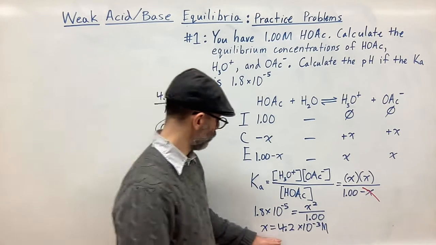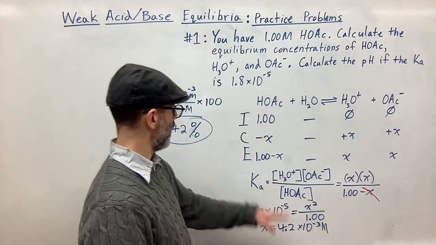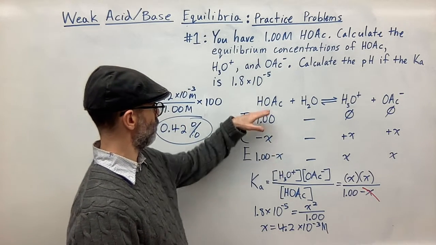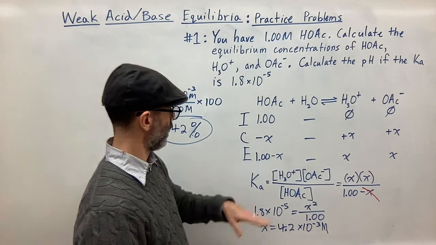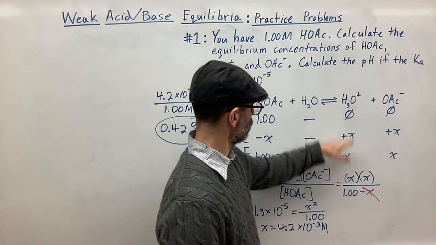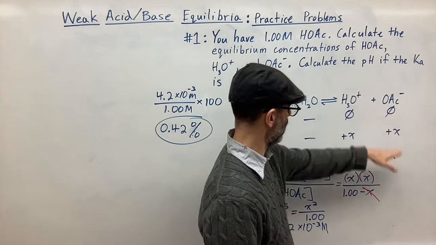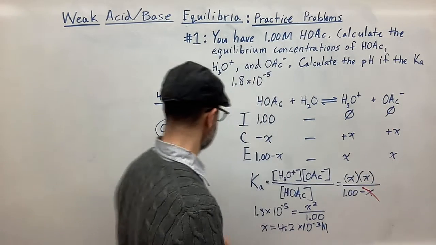So now what we do is we take this x and we subtract it from 1. That'll give us the equilibrium concentration of the acetic acid. And then our concentration for H plus and OAc, the acetate ion, are equal to x.